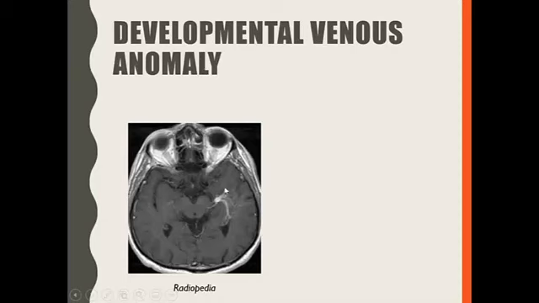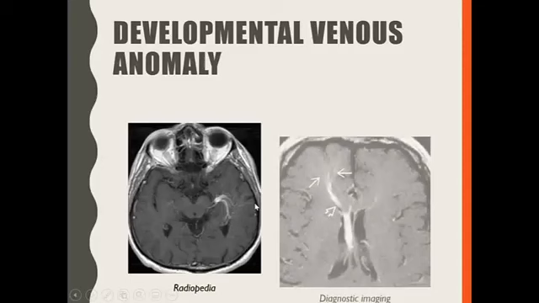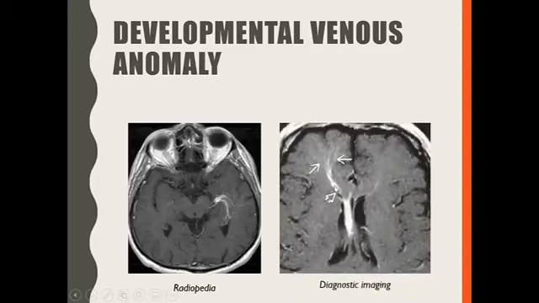The appearance of small veins radiating into an anomalous vein is called caput medusae, as I told you before. And here is another anomalous vein draining this frontal area by small radiating veins, called caput medusae again, and this vein itself drains into the deep subependymal veins.